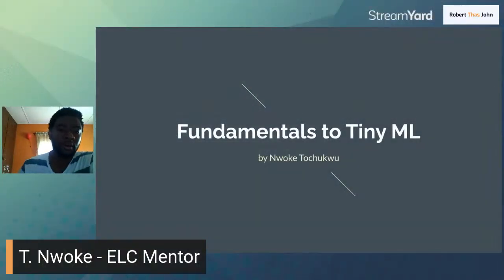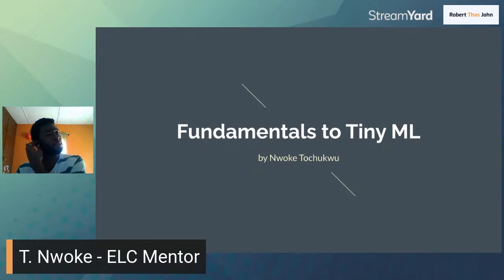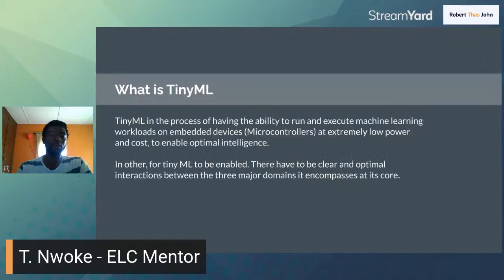Okay. So, fundamentals of TinyML. By definition, what is TinyML? TinyML is basically the ability to run and execute machine learning workloads on embedded devices, also known as microcontrollers, at extremely low power and cost in order to enable optimal intelligence.